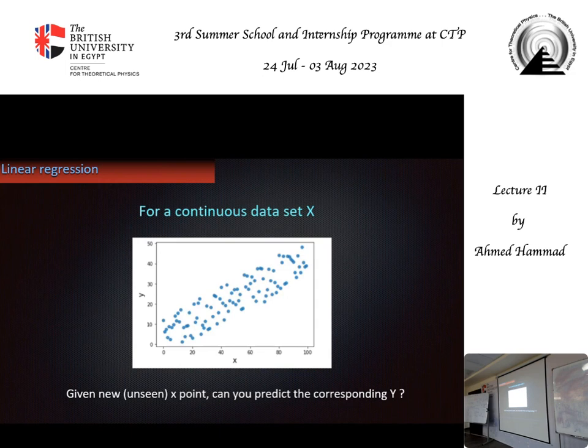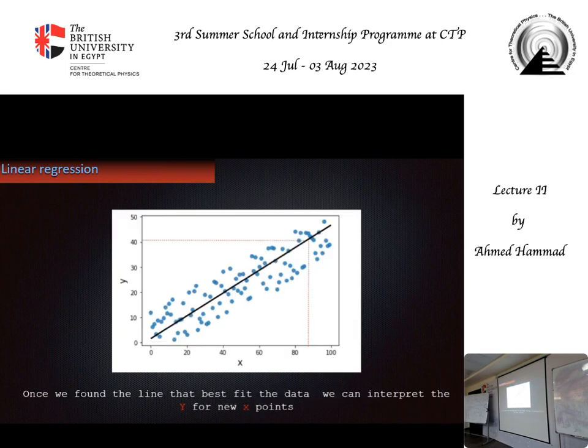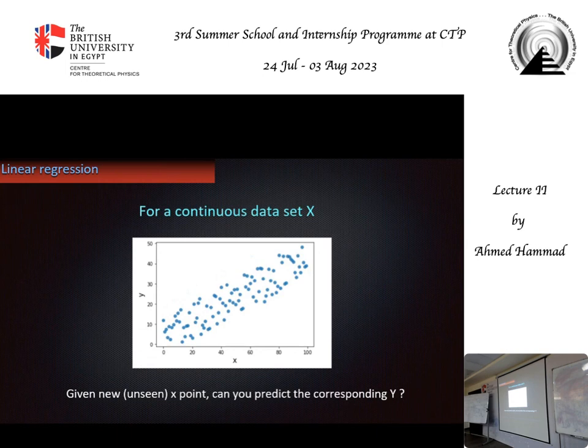So we have this kind of data which has some variation, but this data can be linearly described, right? So what kind of description can we do for this data? Basically, the question is, we have the y and we have the x, right?